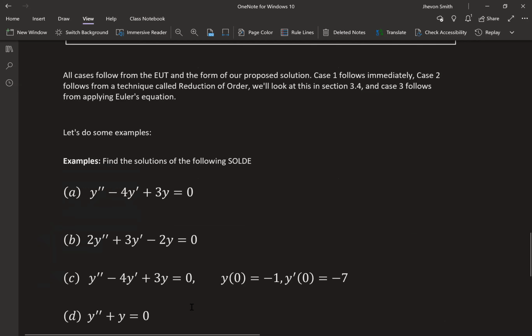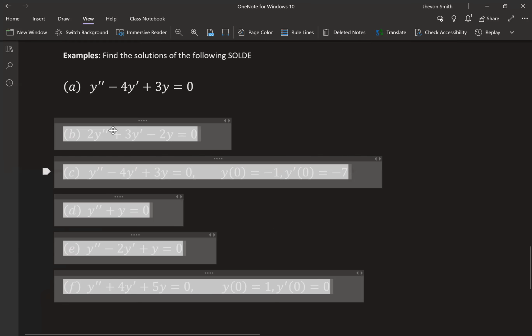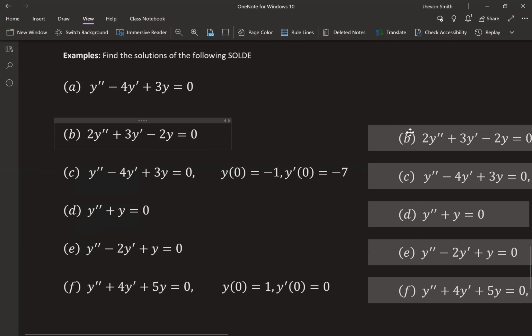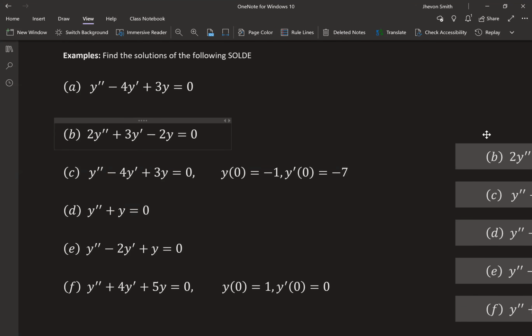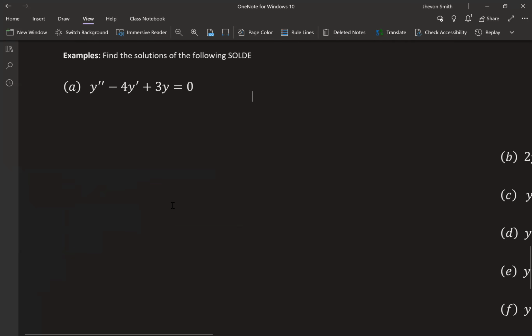So now let's do some examples and solve these. Let me work through the first one. I am going to ask you guys to help me with the second one. So here's my equation. I realize that this is a second order linear differential equation with constant coefficients. How do I go about solving such an equation?